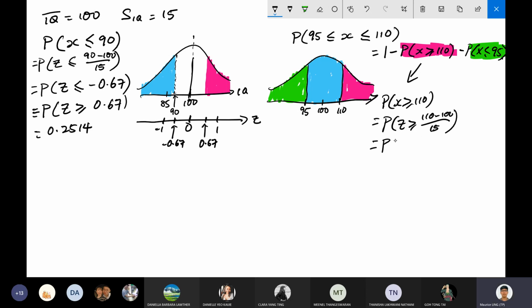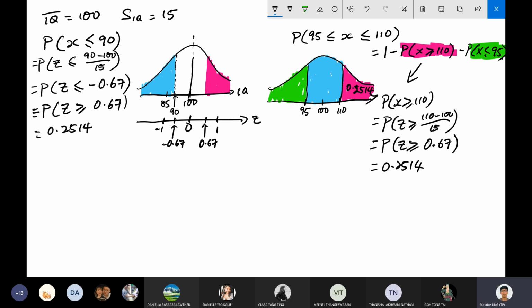So here we get z more than or equal to 0.67, since we calculated it here already. So this part is 0.2514.